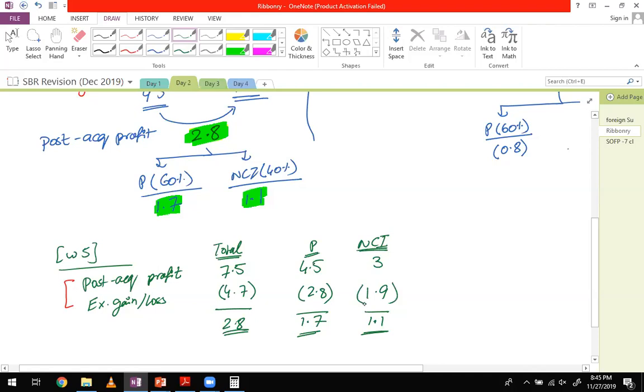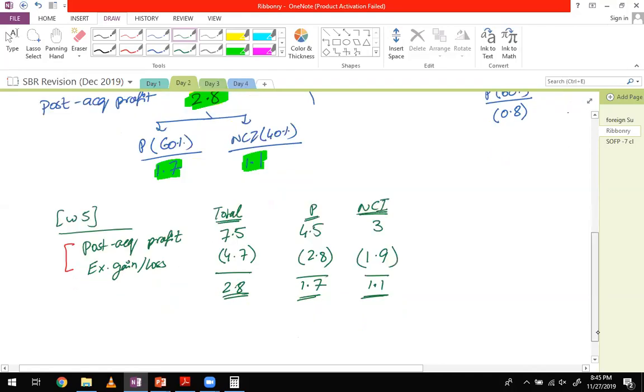So this is how we simply calculate the value of the exchange gains and losses. Now, this 4.7, the total value will go to the other comprehensive income in the statement of comprehensive income.